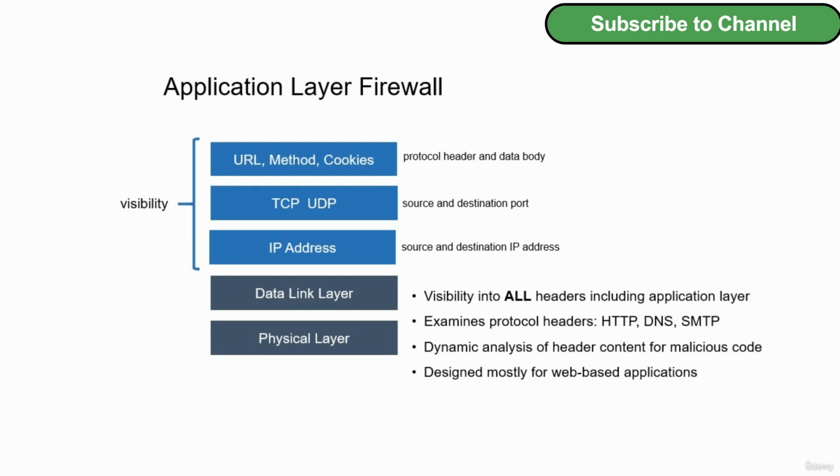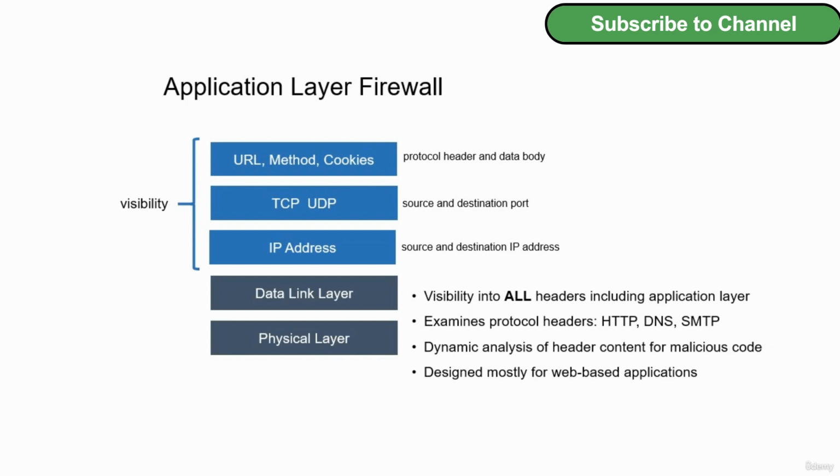So it has visibility into all layers, and it does, like I said, a dynamic analysis of the header content. And with the application layer, it's really looking for malicious code at that point. It is doing security, but it's really looking for malicious code. When you've got an application layer firewall, like a web application firewall, it's really scanning for problems, for malicious code that could be injected into the application layer itself.